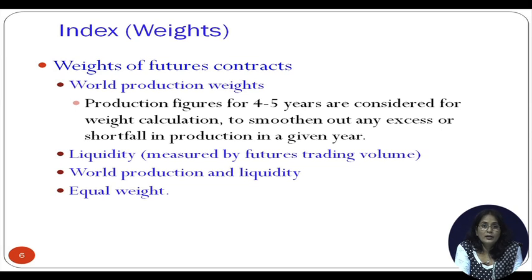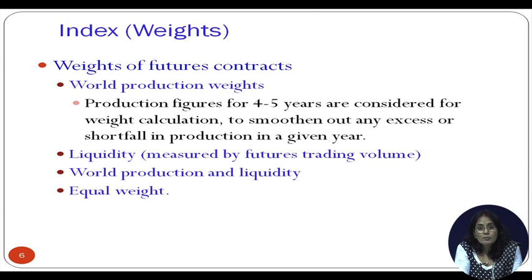Normally, as you can see on this slide, the weights of the futures contracts are based on world production, or liquidity, or both world production and liquidity, or equal weight.